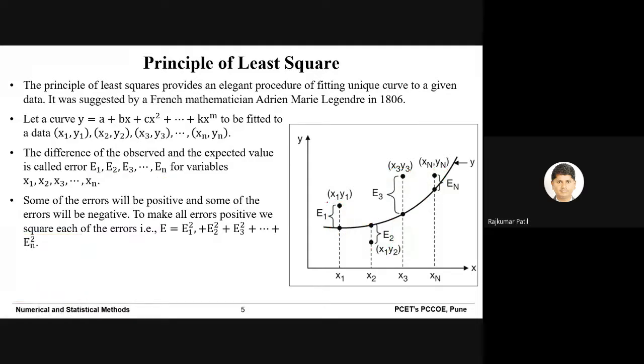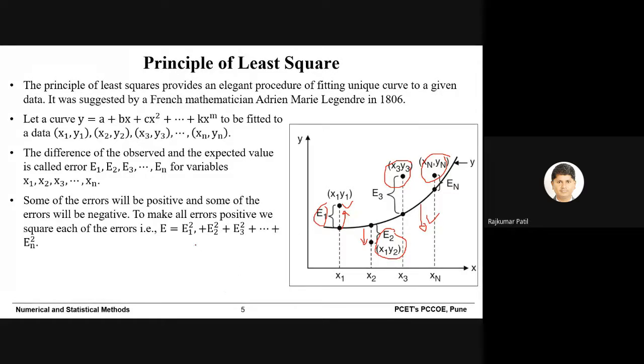Because if you look at this error E1 and point x1 y1 which is above the curve, that will have a positive sign, for example. Then if you take the value of E2 corresponding to x2 y2, then this is below the curve, so that will have a negative sign. Again this point will have positive sign. Suppose there is another point here, that error will have negative sign. So there is an issue of sign.